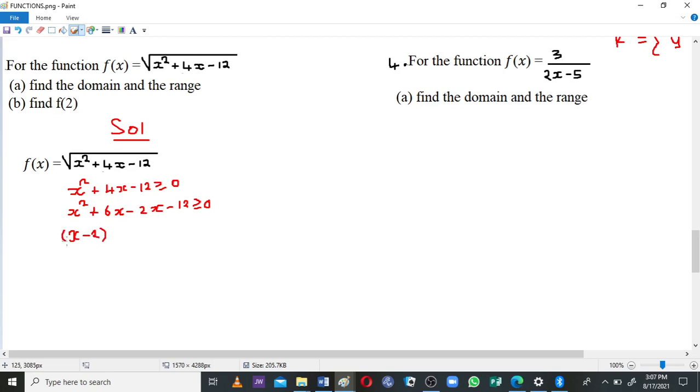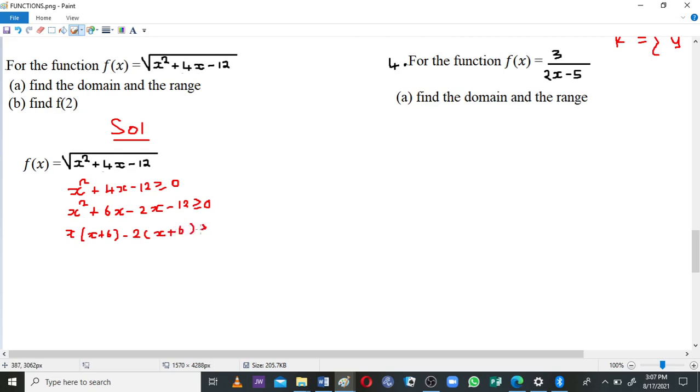Let me show you here. So if you do that, you are going to get x, open bracket, x plus 6, minus 2x plus 6.